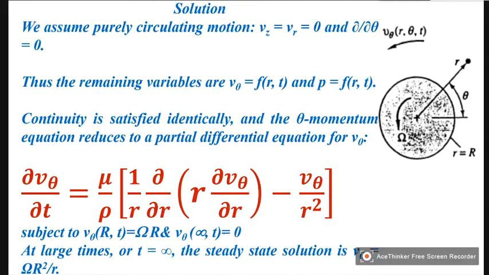So, if you consider steady state, this will be 0. So, your equation now will be, and this you can solve by integrating it 2 times.